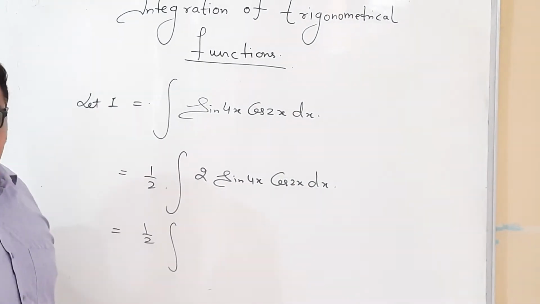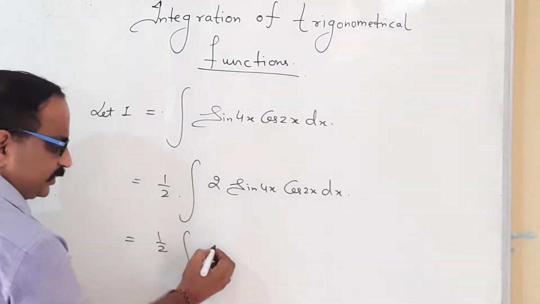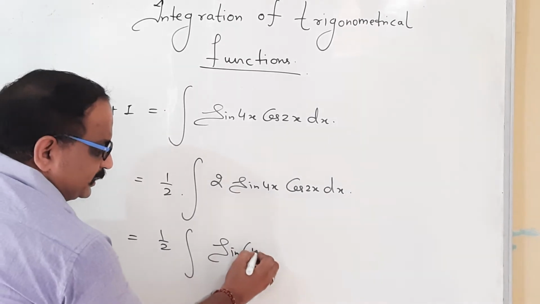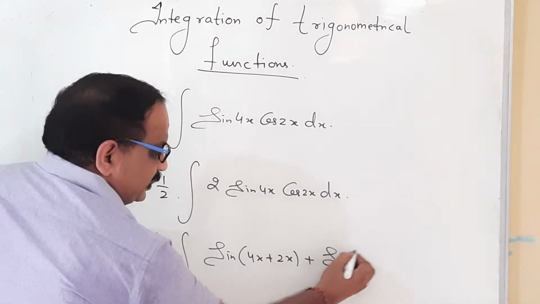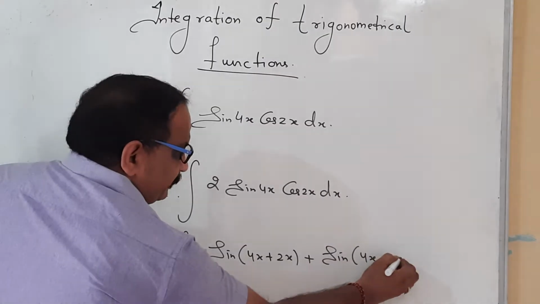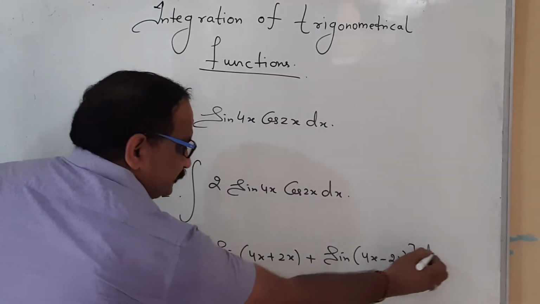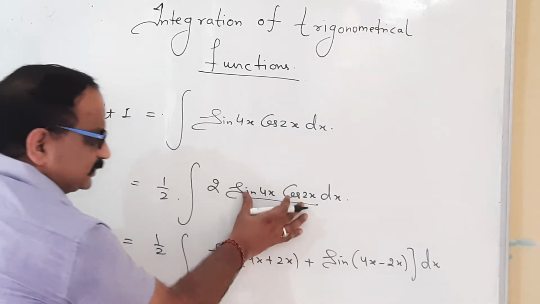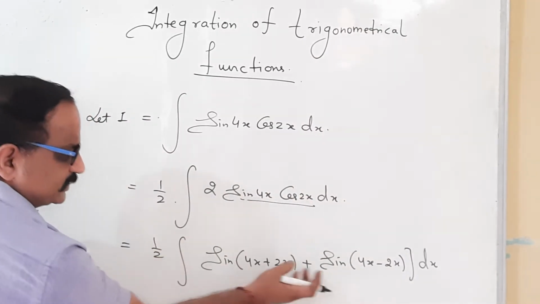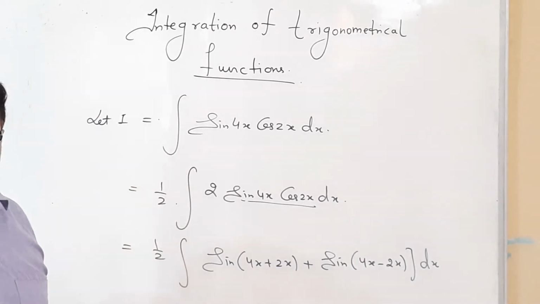Again, I should apply the trigonometrical identity, and the result comes to us as sine(a plus b) plus sine(a minus b) dx. That's it. What I did is just trying to isolate them. These are in product form and my job is to split them so I can do the integration properly.